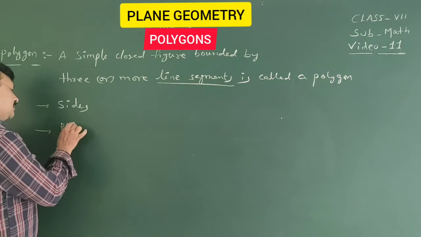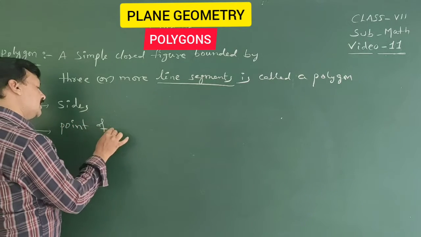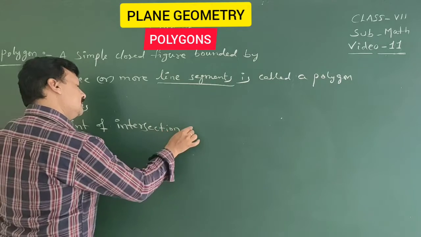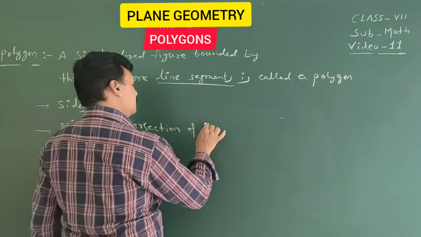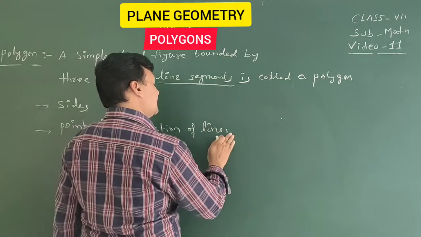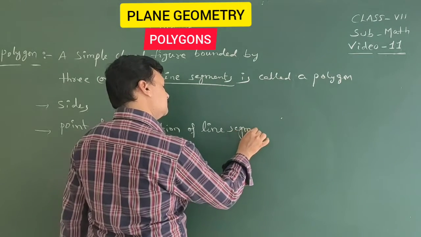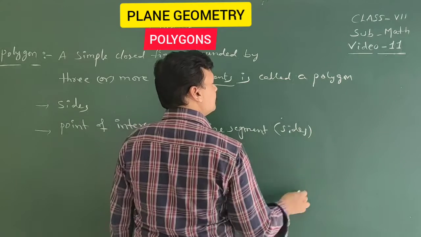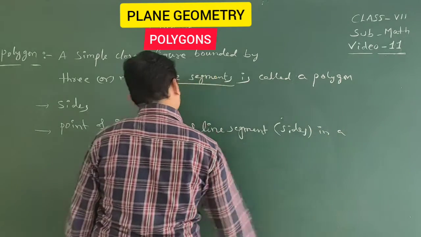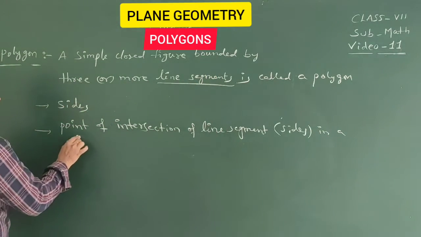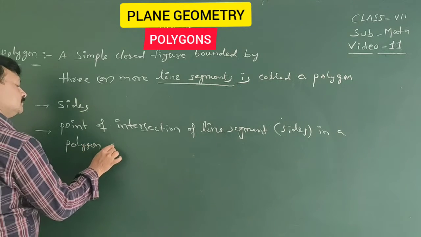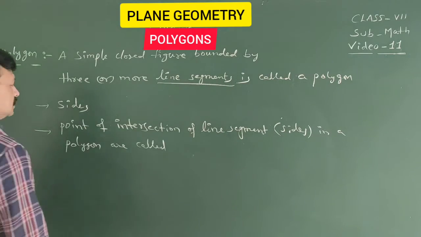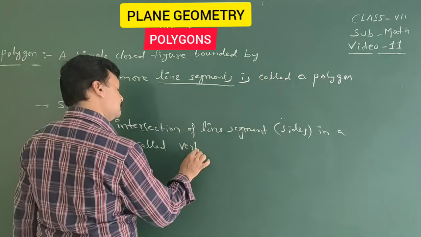The points of intersection of line segments or sides in a polygon are called vertices.